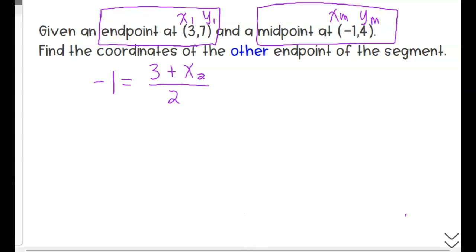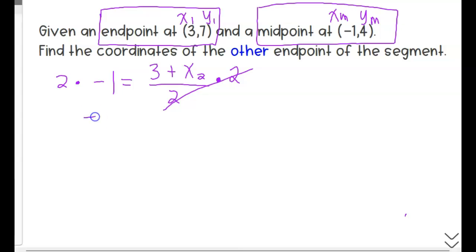So you put your algebra hat on, solve for which variable here? x2, the second x coordinate. How do you cancel division? Multiply. Anytime you see a fraction, get rid of it as soon as possible so that we don't have ugly numbers. As soon as you do that, multiplying by 2 next to the division by 2, cancel it. It's gone now. And then we just solve for x2.